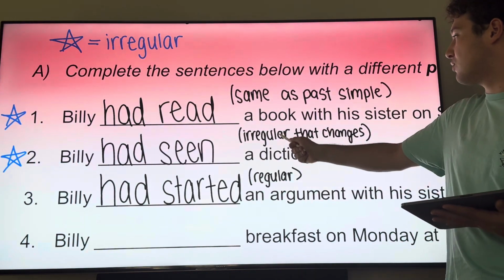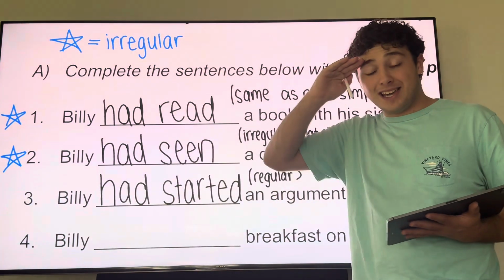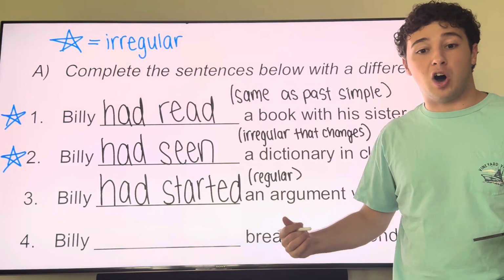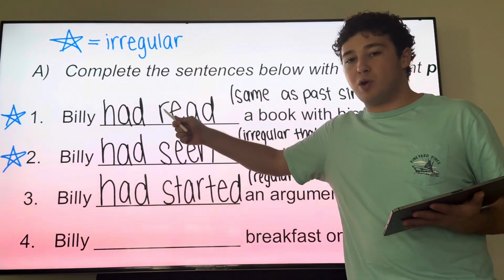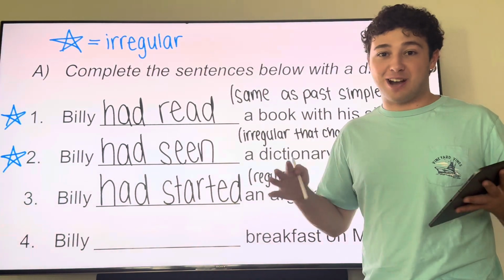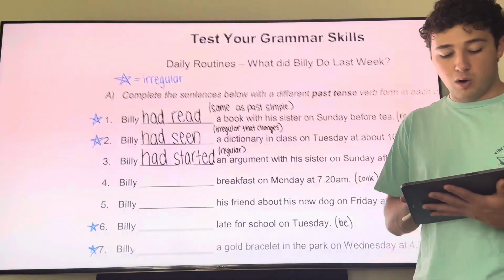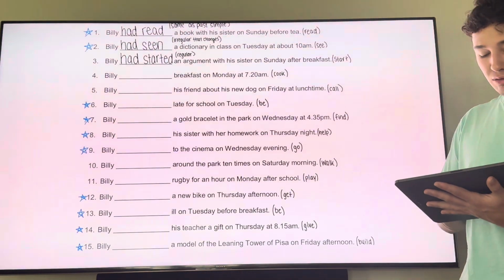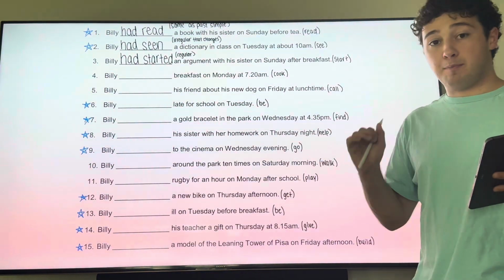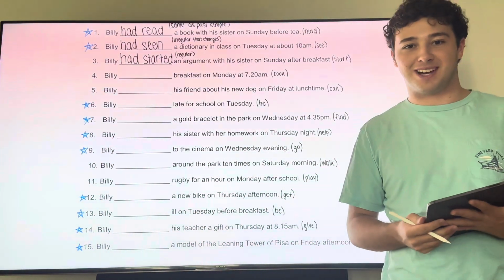And then there are the irregulars that change, like seen. To see, the past simple is saw, but it changes to had seen. So those ones, again, I can't recommend enough, are below in the Quizlet, and I really think you should have a look. So please go ahead, go through all of these questions, pause the video, and once you're done, resume, and we'll come back and look at them together.